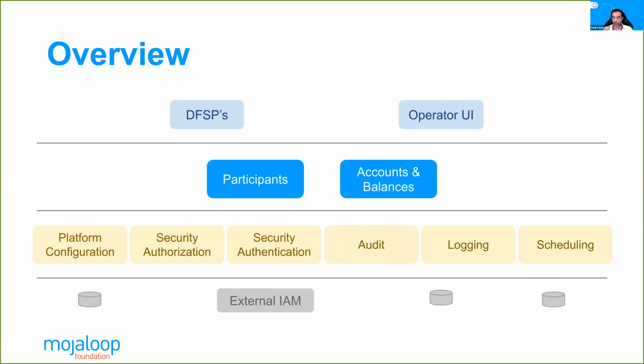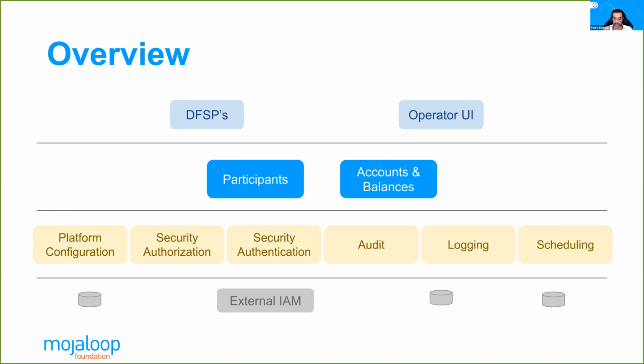What we have on top is the external systems, like the DFSPs that are going to be connecting to Moduloop, and the operator UI that's also going to be connecting. In the middle, in Moduloop Blue, we have the participants bounded context and the accounts and balances bounded context. So these are the functional blocks that already work.